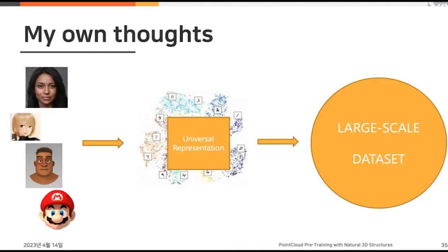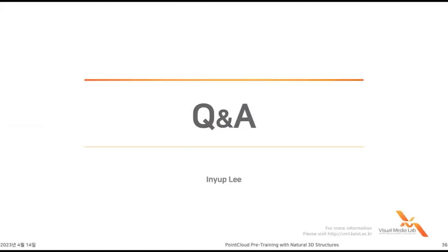And with a large-scale pre-trained model on a large-scale dataset, which learns a universal representation of faces, it could be used to do various kinds of downstream tasks, or even maybe in zero-shot or few-shot settings. Yes, and that's all. Thank you for your attention. Thank you for listening.